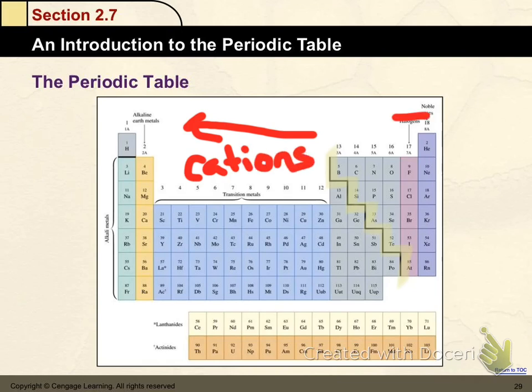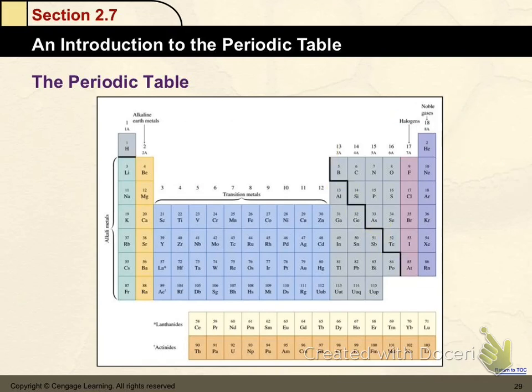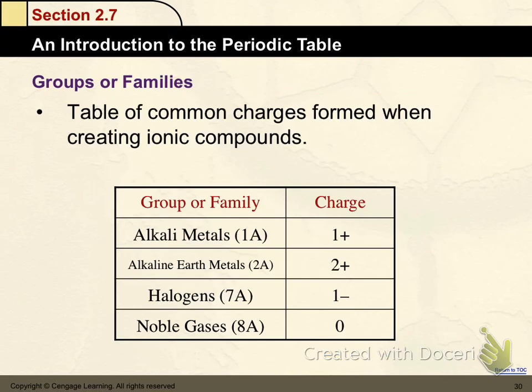Everything on the other side wants to gain electrons, so these are anions. So the periodic table is predominantly positively charged. Sorry about my anions there. We'll do some demonstrations with that in class when we get to that point.